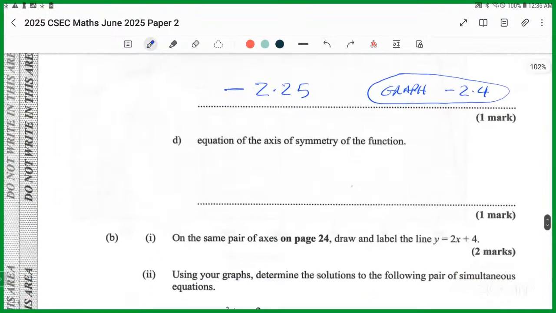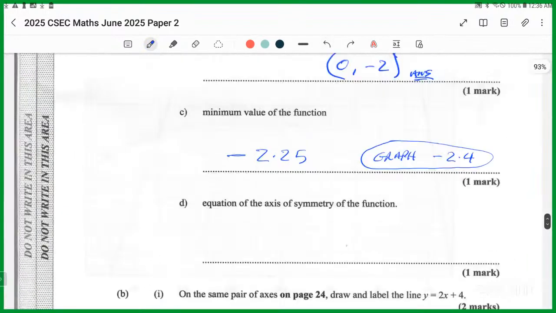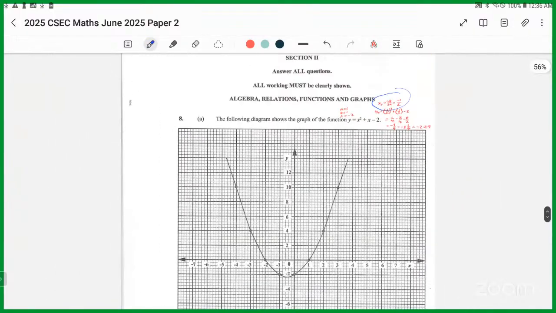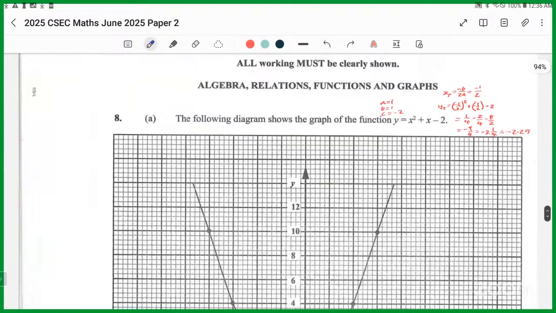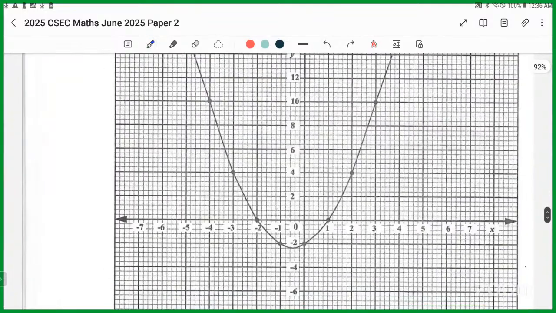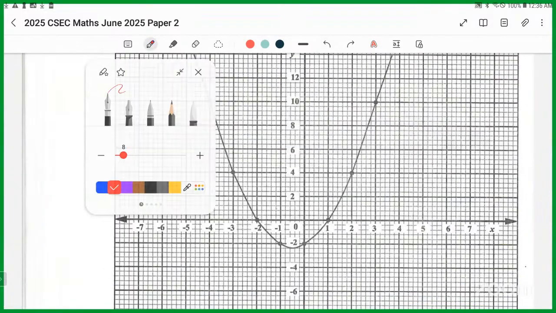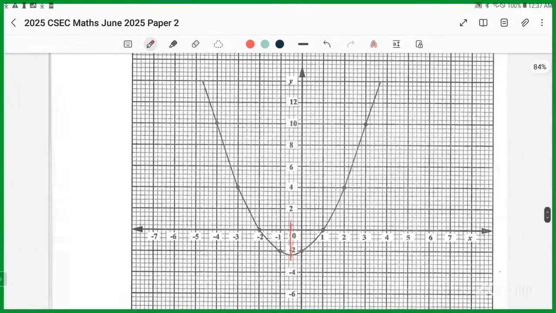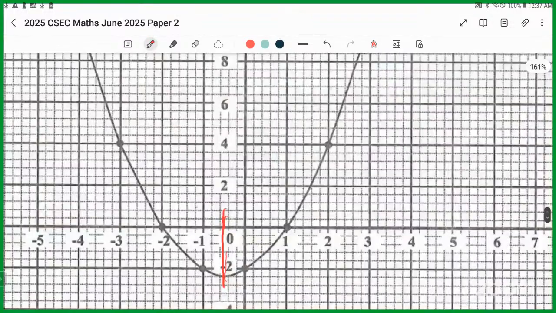Then it says the equation of the axis of symmetry as the x value, and x equals the x value that we got, minus half, which also corresponds to the vertical line through the vertex here. See there, the vertical line right through here, which is halfway between 0 and negative 1.